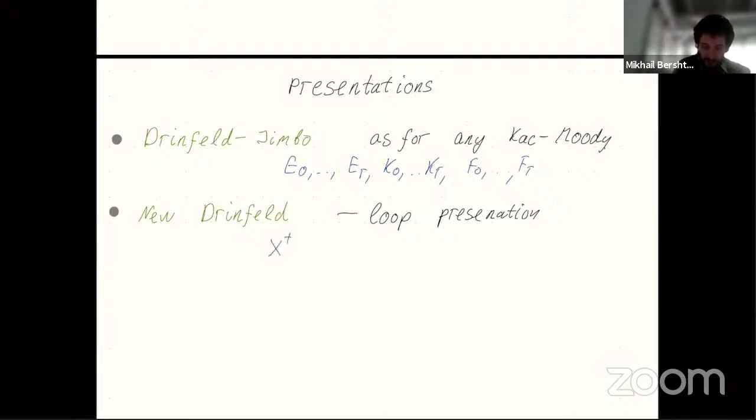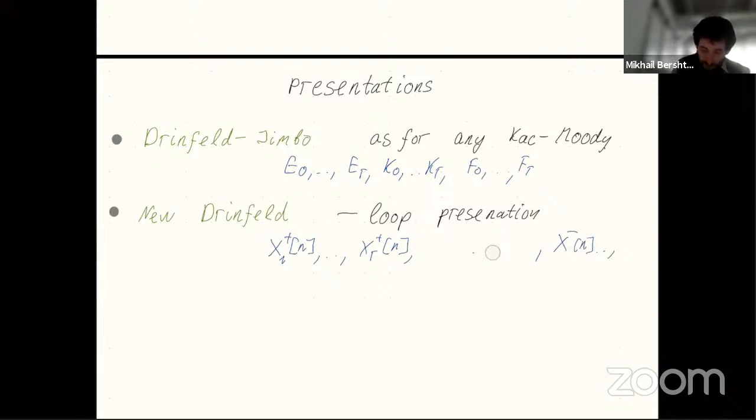We have some X plus 0, K plus minus of Z, KR plus minus of Z, and X minus N.